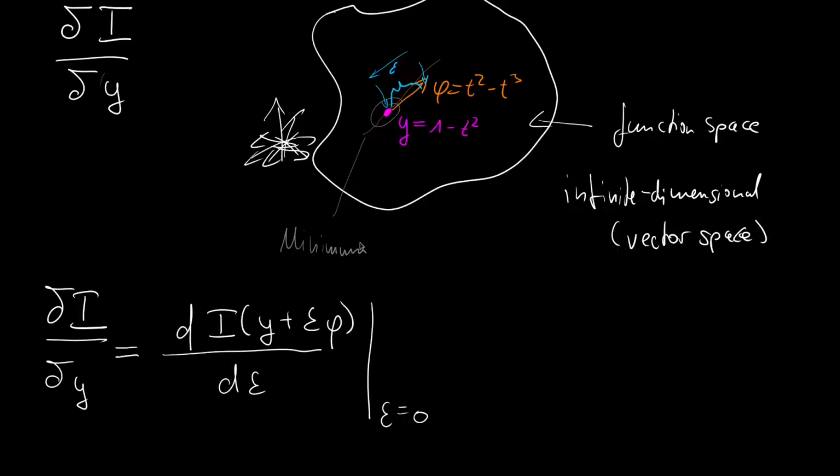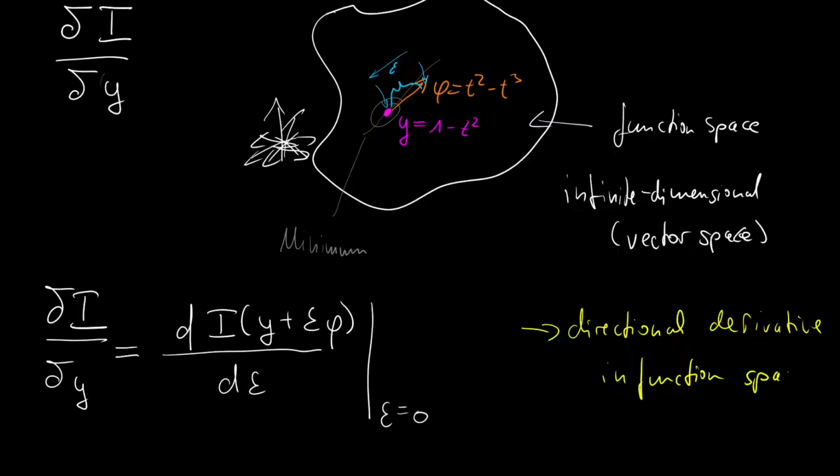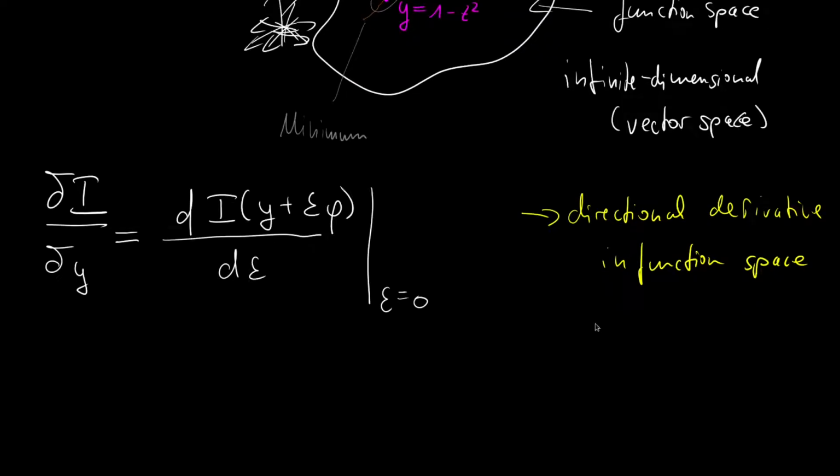So we move alongside the phi function, look at the slope alongside this function, and we set epsilon to 0. This is nothing else than a directional derivative in function space. In mathematics there is a more explicit name for it, the so-called Gateaux derivative. But for the sake of simplicity, we will just call it the functional derivative.